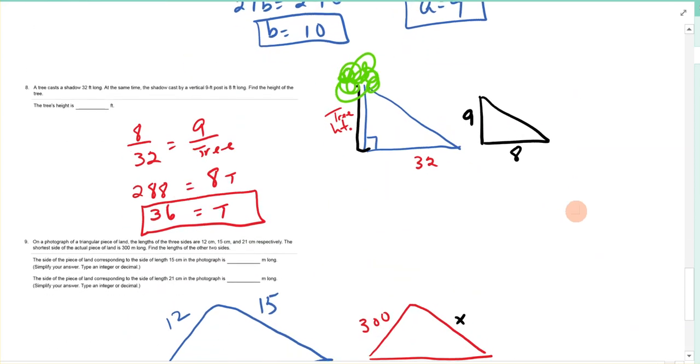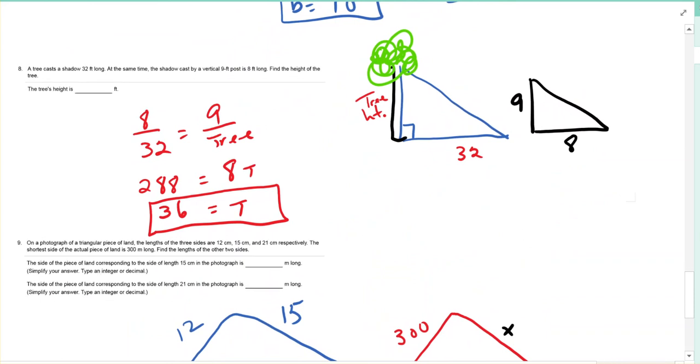Number 8, I think I did some drawing here. A tree casts a shadow that's 32 feet long. At the same time, the shadow cast by a vertical pole that's 9 feet is 8 feet. Find the height of the tree. So they're telling us we've got 2 similar triangles, and we've got 32 here and 8 here.